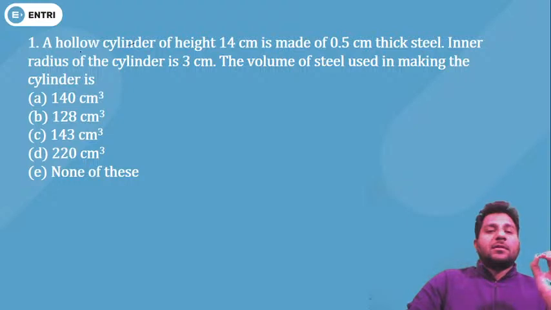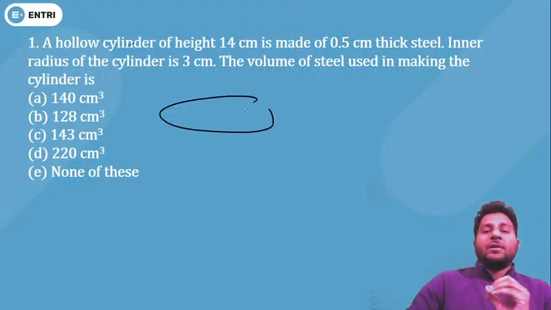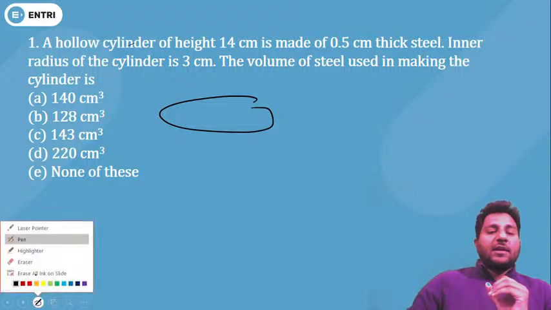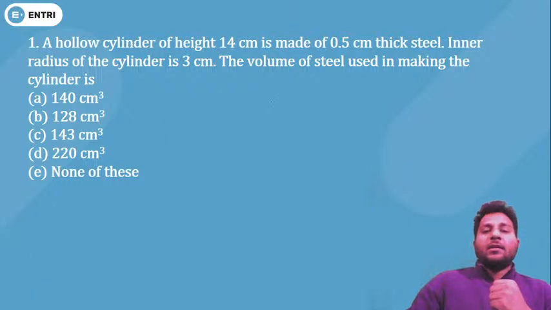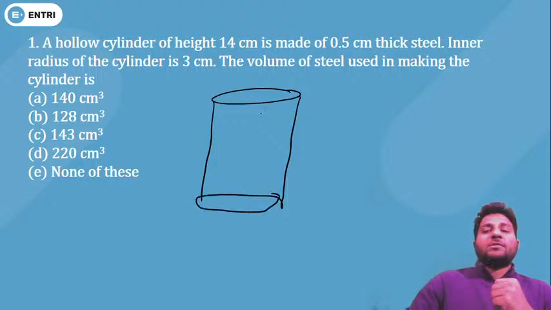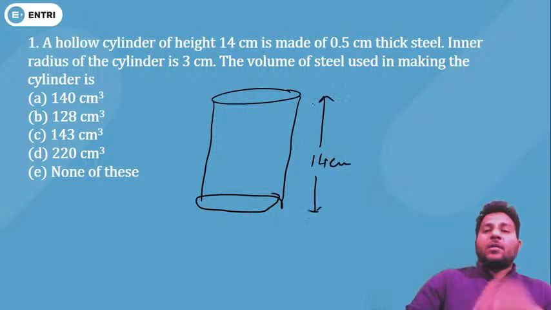Look at this. It has given a hollow cylinder of height 14 centimeter. Hollow means it is empty from within, inside. It is made of 0.5 centimeter thick steel.